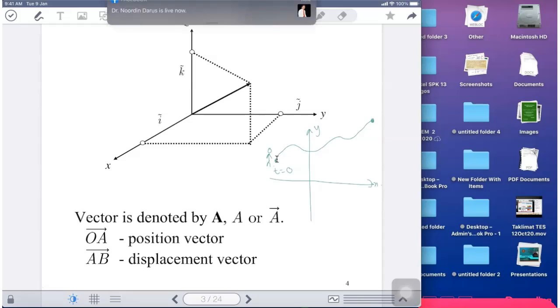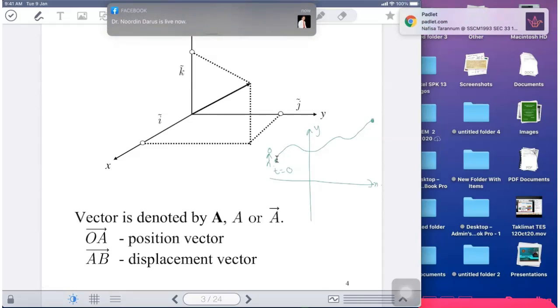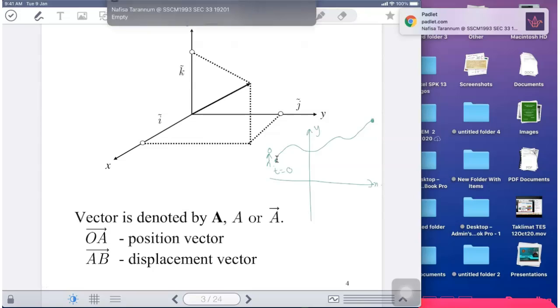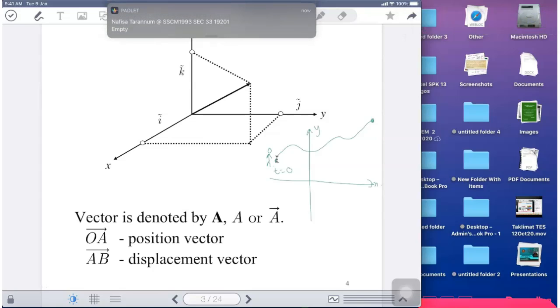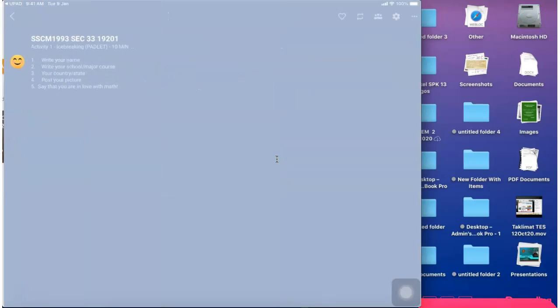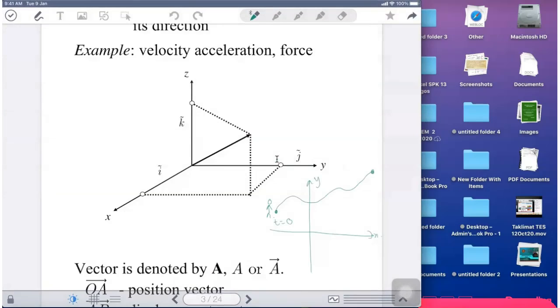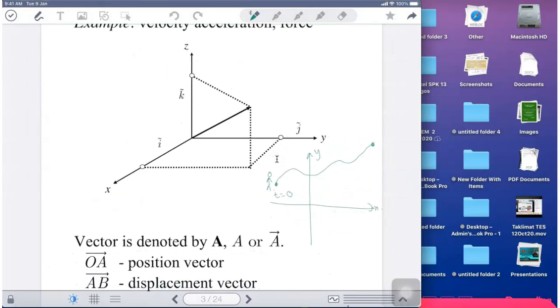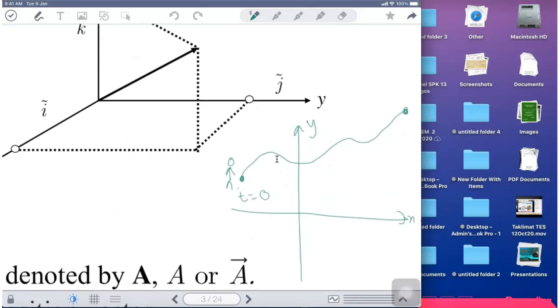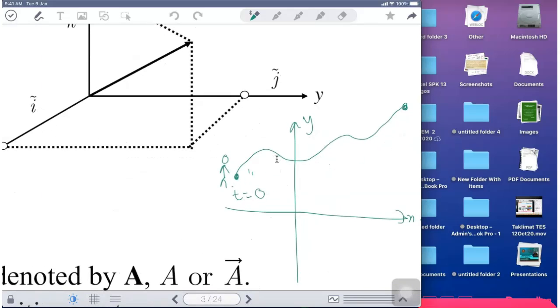So let's say your initial point is at the point of (1, -4), and then here is t when the time is 10.